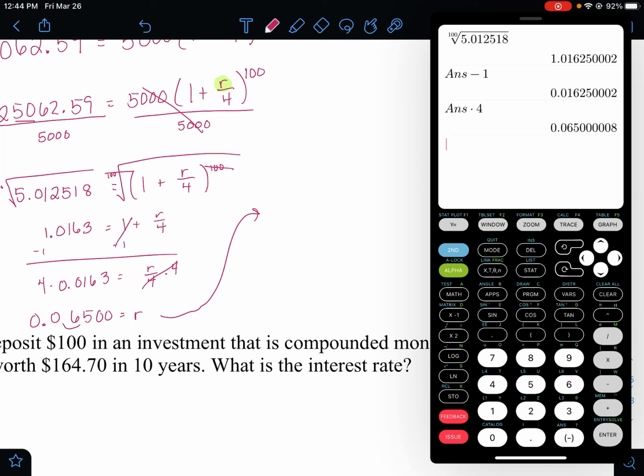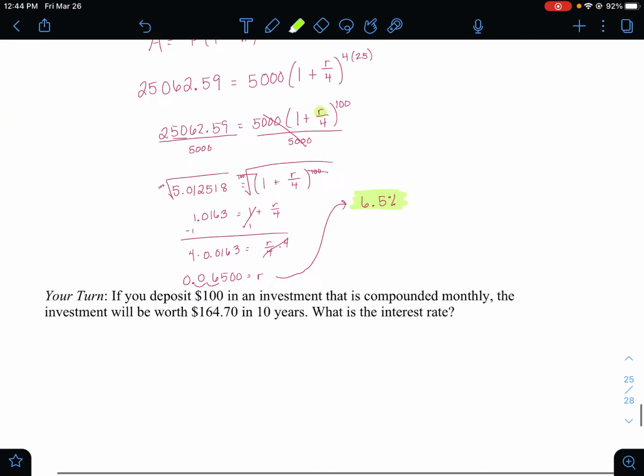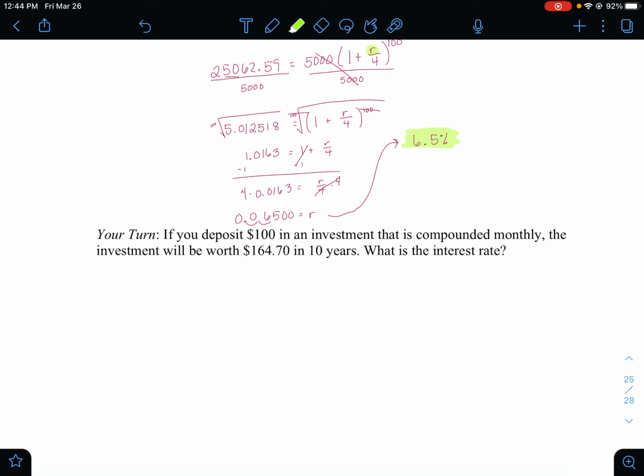Okay, now that looks better. If we want it as an interest rate, I would move the decimal 2 places, and that gives me our interest rate is 6.5%. All right, so again, you can pause the video, try this last your turn, and I will just write down the answer for you to check it.